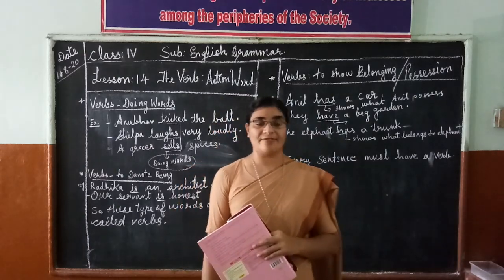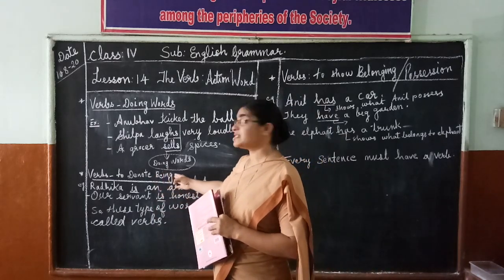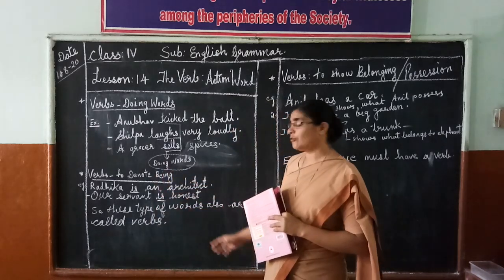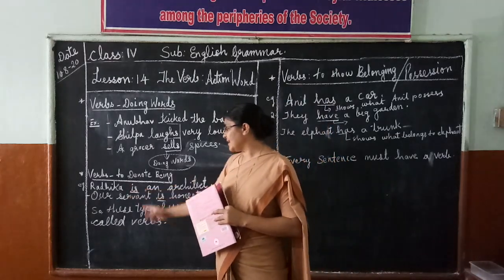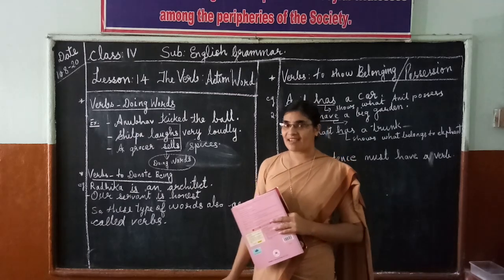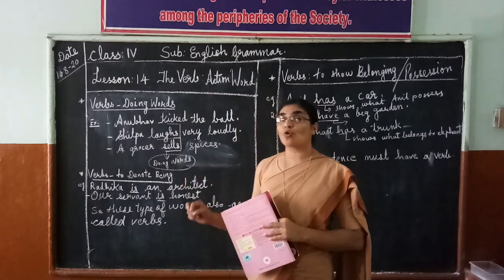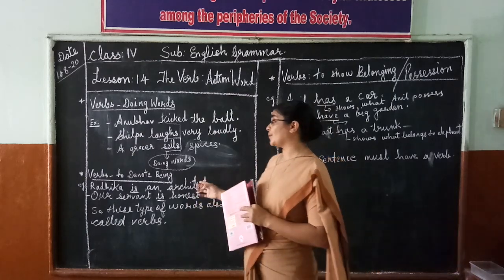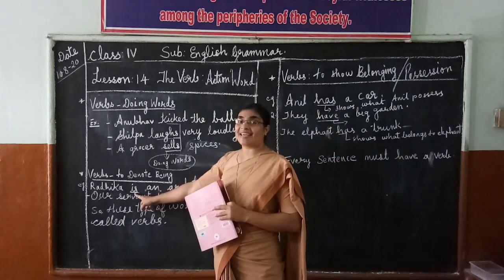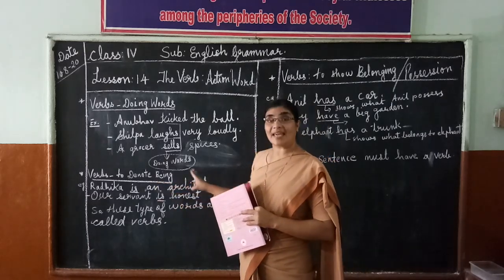For that we have another kind, verbs to denote being. Now look at the example here. Radhika is an architect. We are not saying what Radhika is doing, but only what she is; the word is tells us what Radhika is.